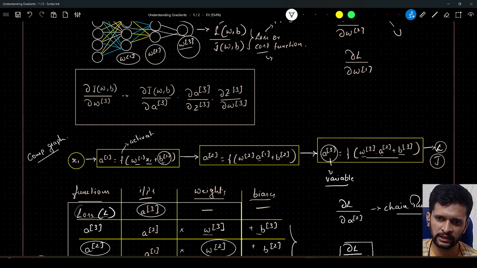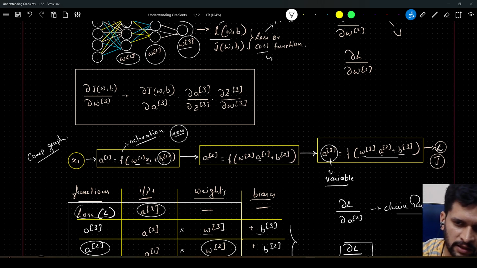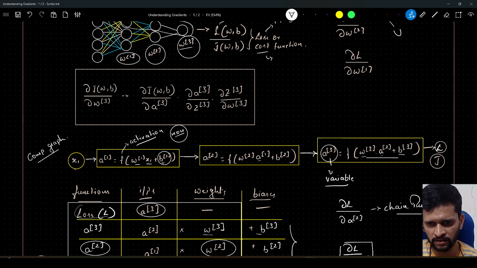We do not know what that activation function is, but it is there to introduce some non-linearity in the network. I'll talk more on that in my other videos. So we have input x1, multiplied with the weights associated with that layer, w1, and we add the bias term b1. Together we call this z1, and we apply some activation function on top of this, and we finally call this a1.